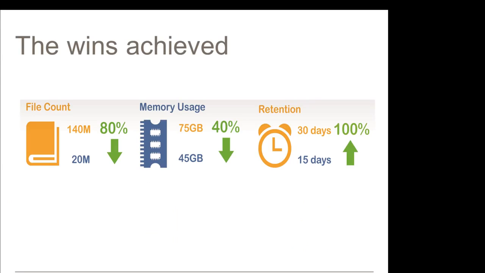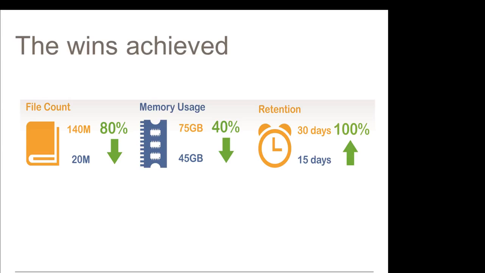So what are the wins that we achieved from this? The file count, which was 140 million, we drastically brought down to 20 million. And for memory usage, we had a 40% improvement, bringing it down from 75 to 45 GB.